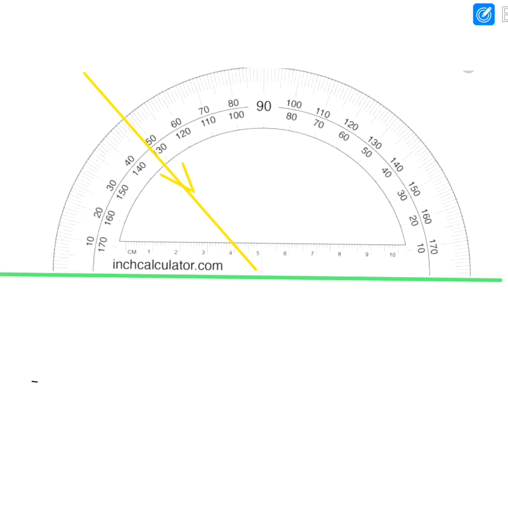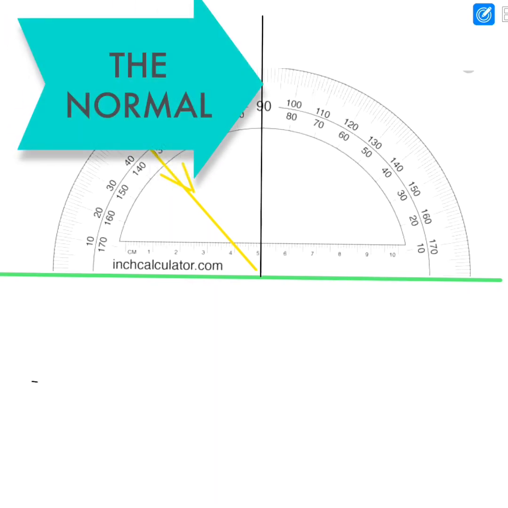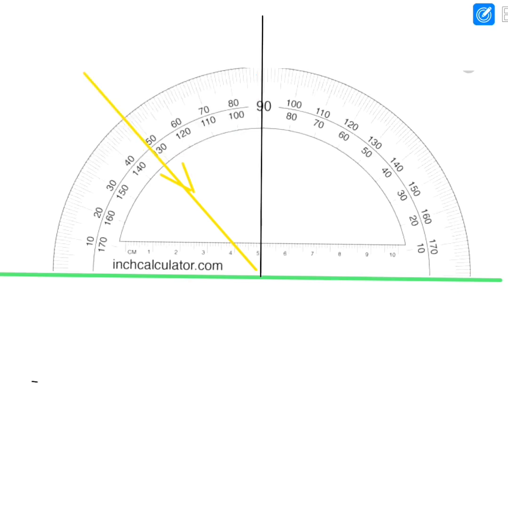And as we said, by convention, we don't measure the angle to the surface, but instead the angle to the normal to the surface. So in black, I've added a normal to the surface, and we can measure the angle of incidence relative to that normal. That is the angle I'm about to point out right here.